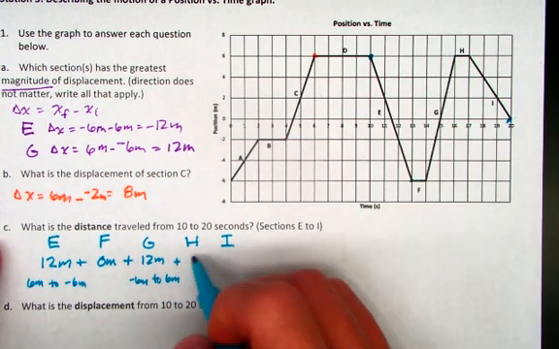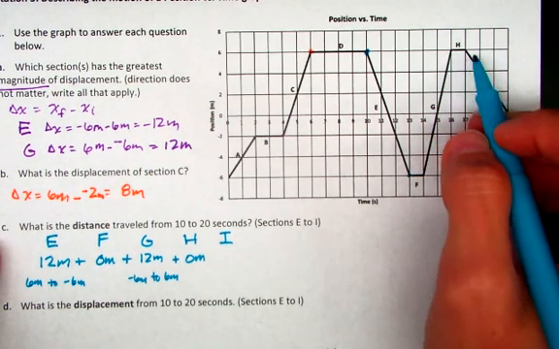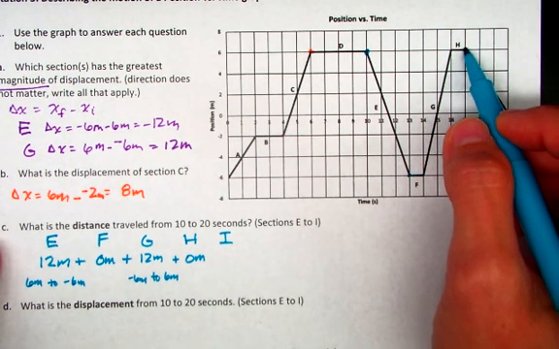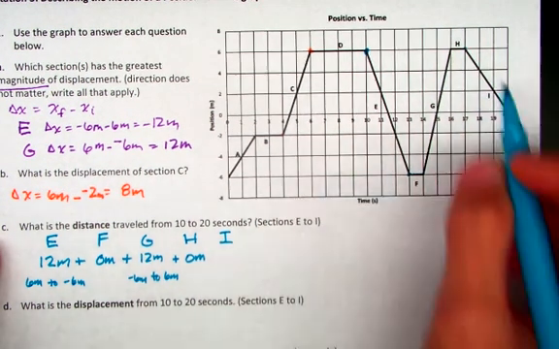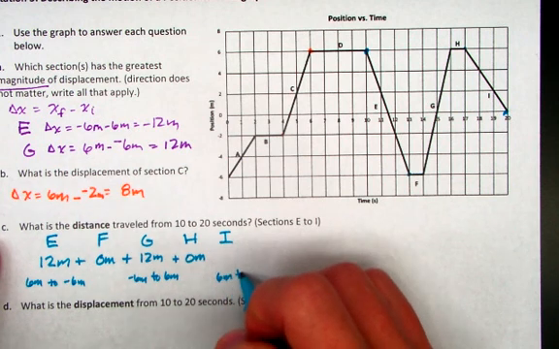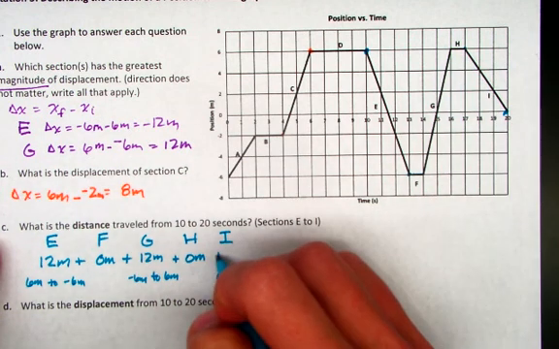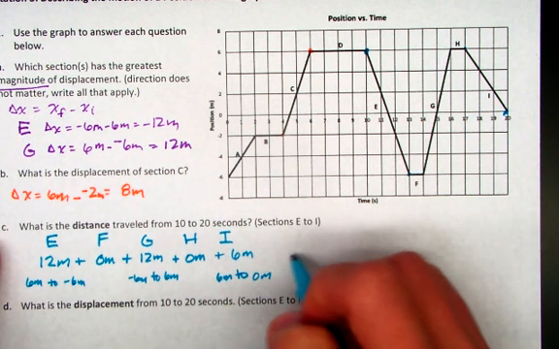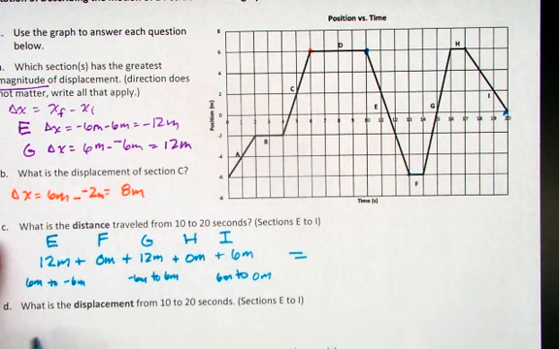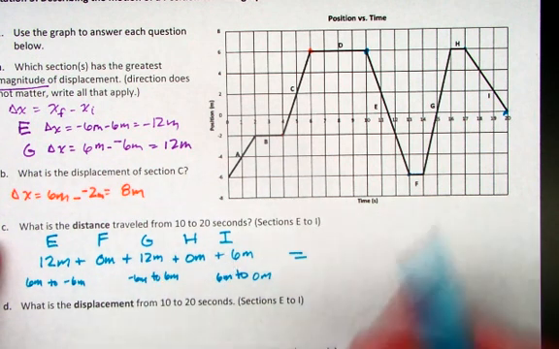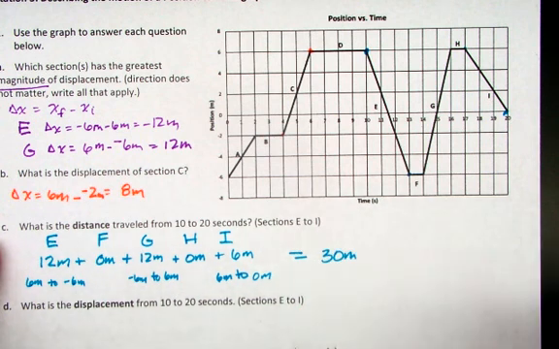In H, we're not moving. And then after H, I'm going from 6 meters and ending at 0, so that's going to be 6 meters. So I just have to add all of these up. 12 plus 12 is 24, plus 6 is 30 meters total in distance.